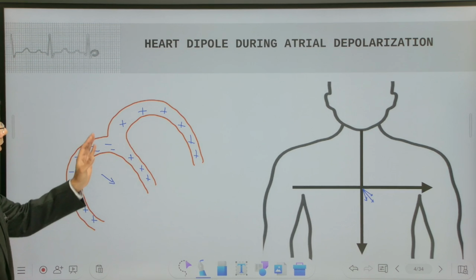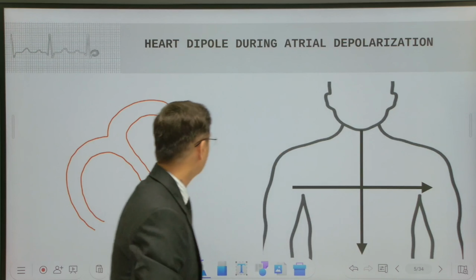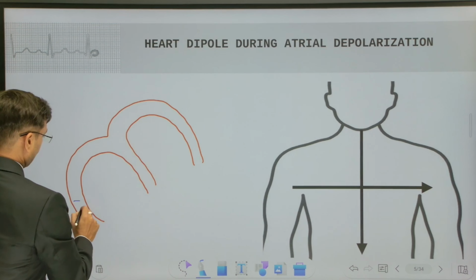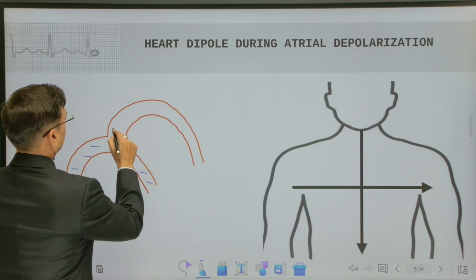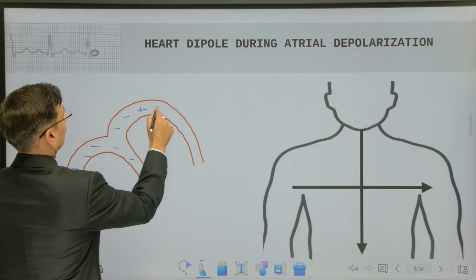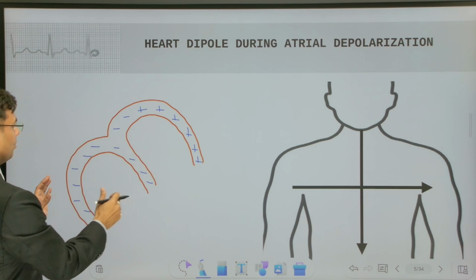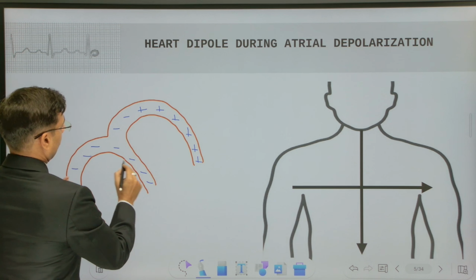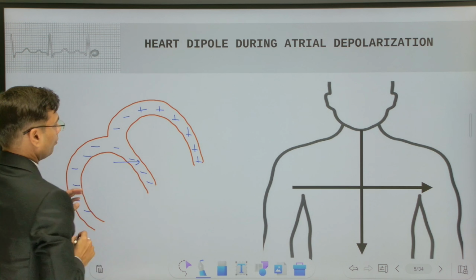This dipole gradually changes like this, and after a time the left atrium also got depolarized. So what will happen? This is also negative, this is also negative, and later on this is also getting depolarized. At this time you can see the overall dipole is from negative to positive charge, in this sort of direction.